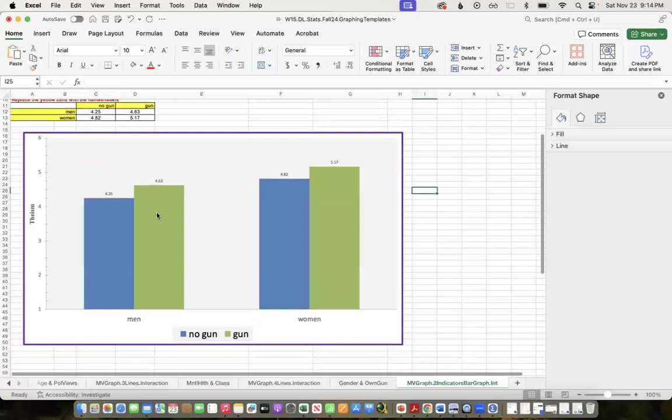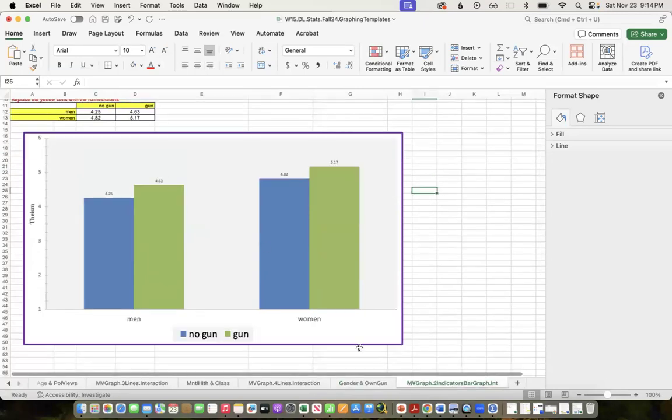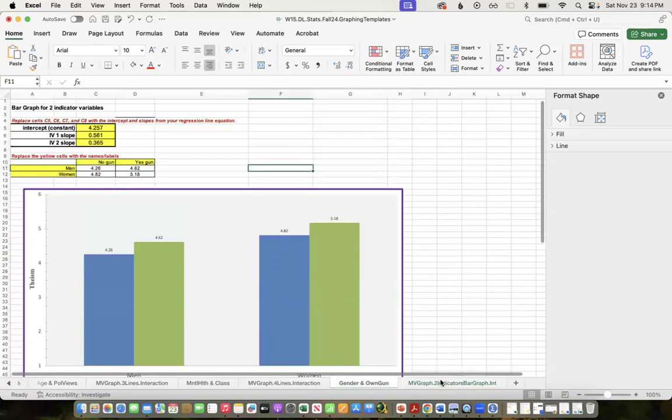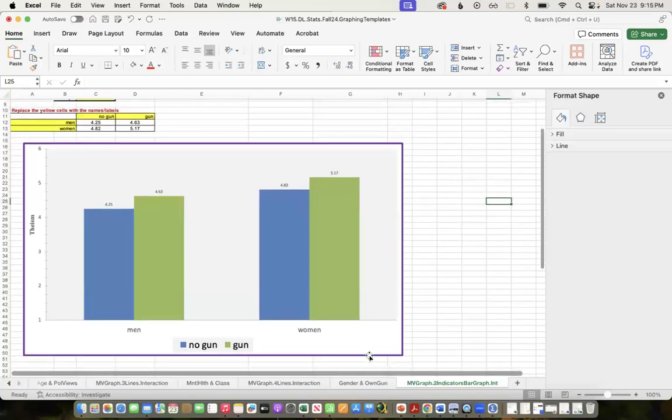Okay, and so we can see here 4.25 compared to 4.26, 4.62, it's now 4.63, 4.82, still 4.82, and 5.17, it's 5.18. So adding the interaction barely did anything. It changed three of them by 100th of a point. They're pretty similar, and that interaction is not having much of a difference.